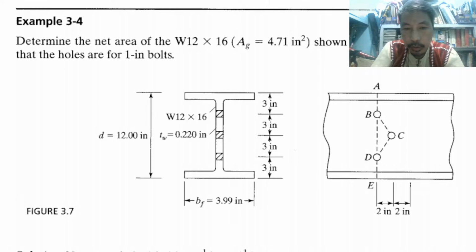And not only that, we have the lateral distance from a hole in vertical alignment of holes, BD, as you can see, has a distance of 2 inches to the hole letter C. I don't know why there is another 2 inches here.